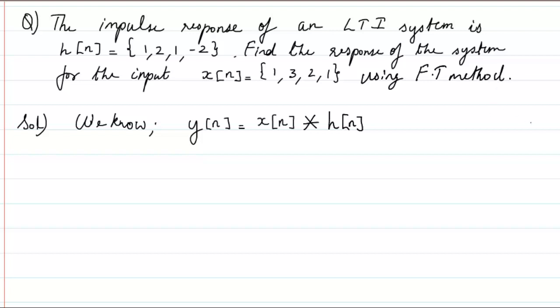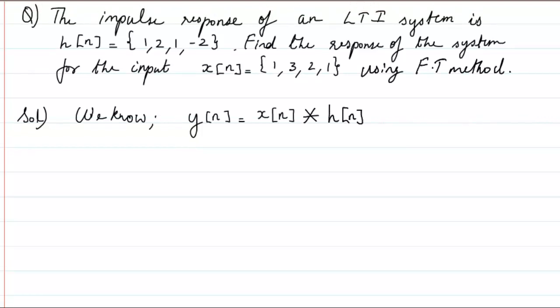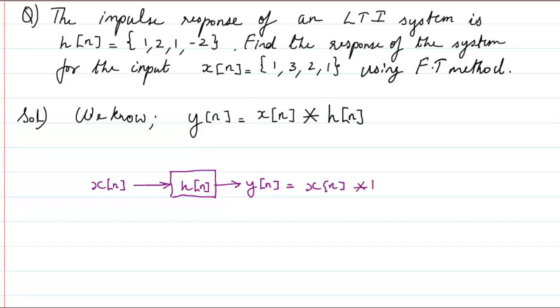So what does the Fourier transform method say? Let me try to explain it here. Generally, if we have a system h of n and an input x of n, we can find the output y of n by taking the convolution of x of n with h of n.